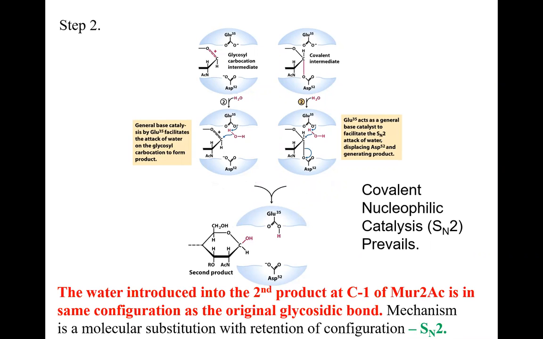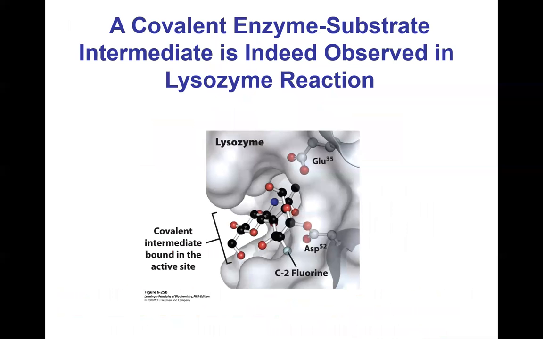Although it is a SN2 type of a reaction, if you do SN2 type of a reaction twice, you will get retention, right? So it's possible. So you can see here how you can still do SN2 and still retain the configuration of the leaving group. Cool, right? Very cool. And indeed, they were able to actually see in the crystal structure.